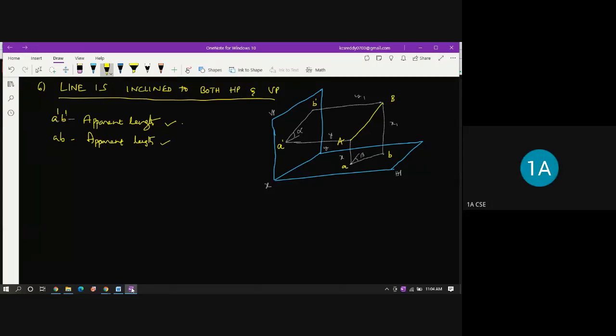This A dash B dash is called the front view of the line when it is inclined to both the planes. Similarly, this is the top view of the line AB when the line is inclined to both the planes, and here alpha and beta are called apparent inclinations.